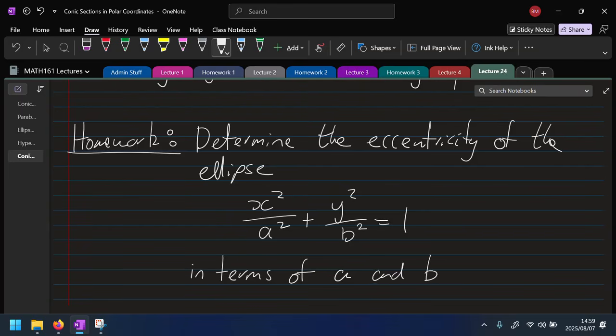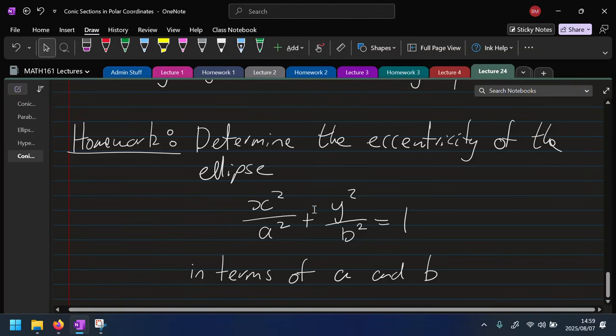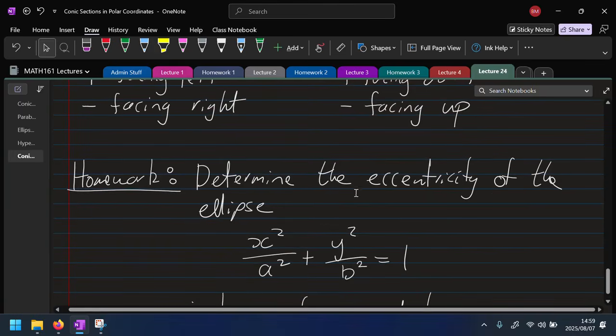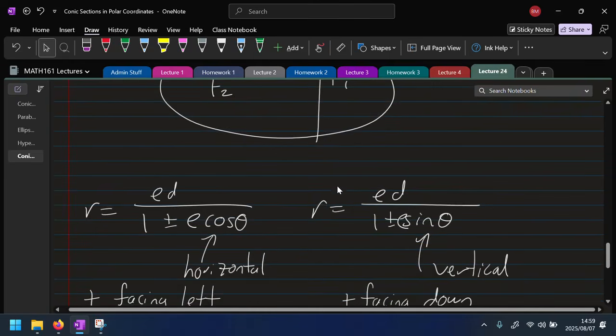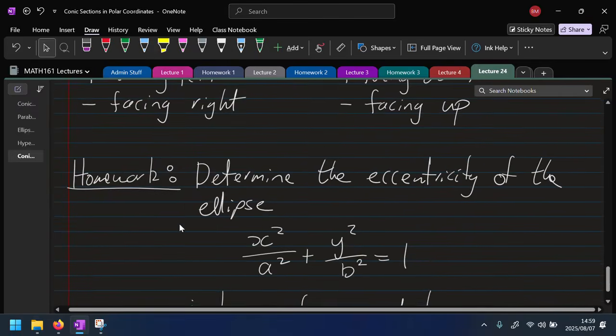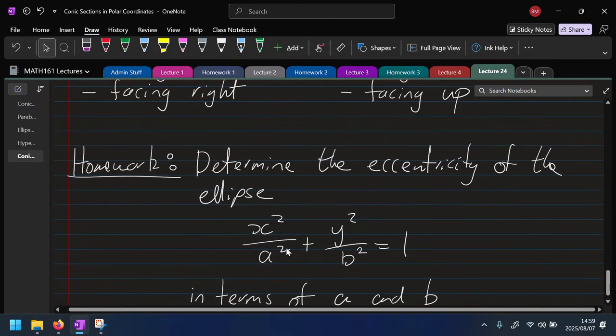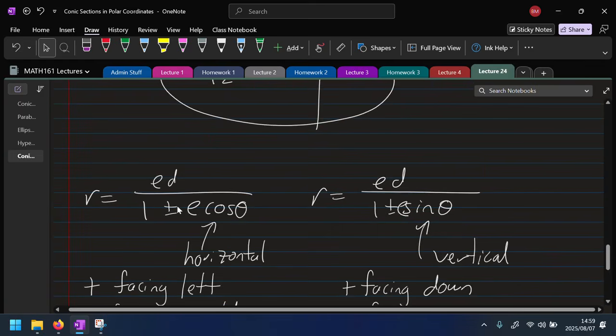Okay, so I'll give you a little hint on what to do. Here we've got this in Cartesian form, x and y. But to find the eccentricity, we need the polar form. So we take this Cartesian form, convert it to polar, and then we can identify what E is.